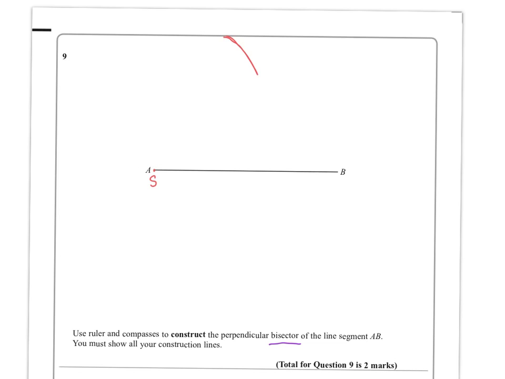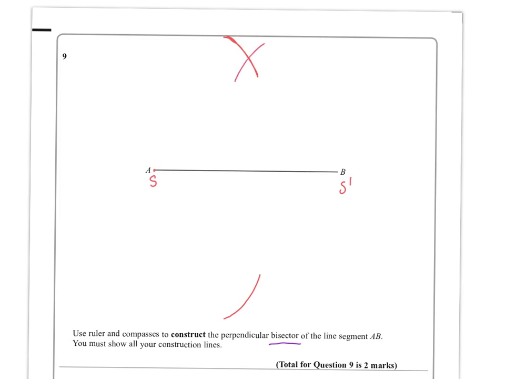And then you can switch sides and put your sharp point here, keeping the distance between the pencil and the sharp end the same, and do the same.